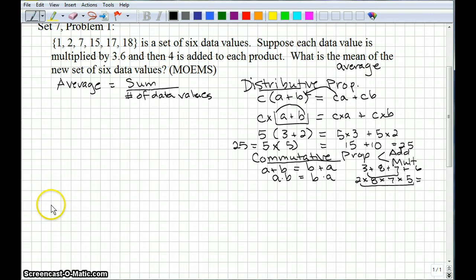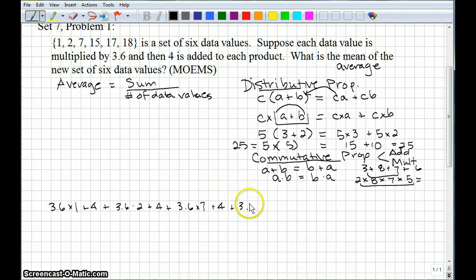So we're taking 3.6 times 1 and then adding 4. And then we're taking 3.6 times 2 and adding 4. And we're taking 3.6 times 7 and adding 4.